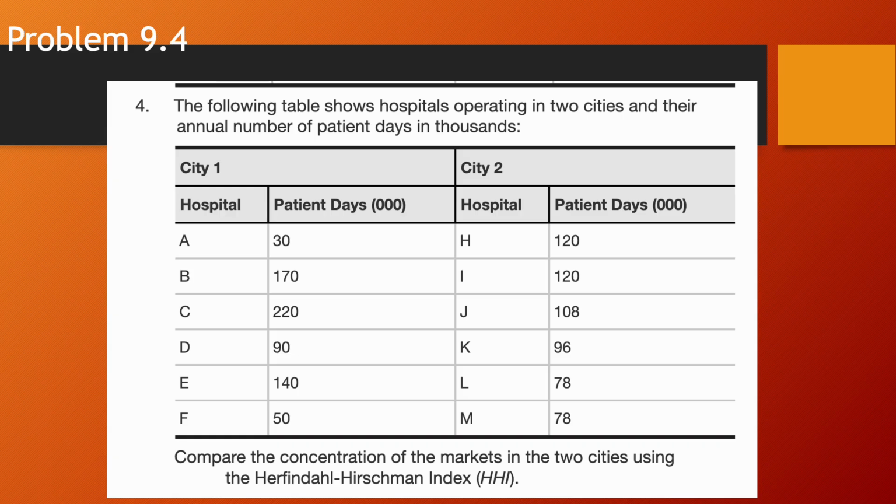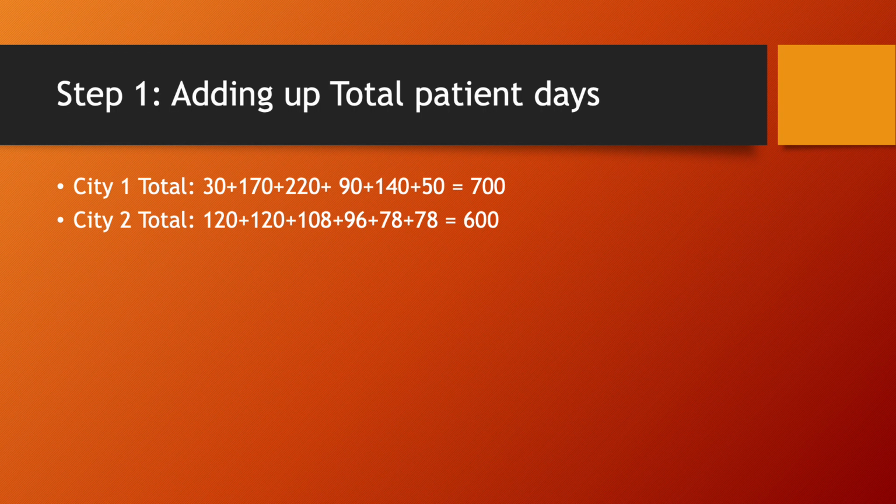The next slide will present that info. So we have 700 total patient days for city 1 and 600 for city 2. This gives us the total market size that we'll use for calculating each hospital's market share in the next step.